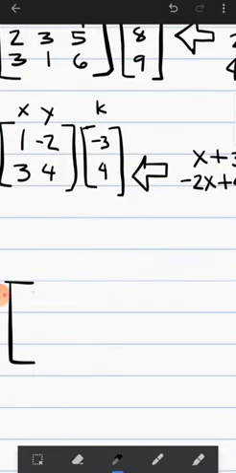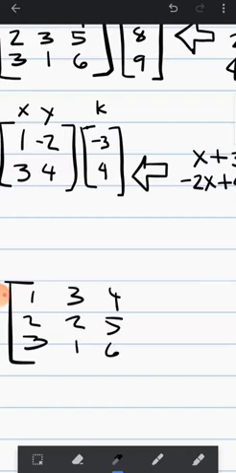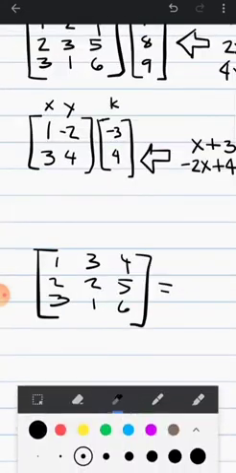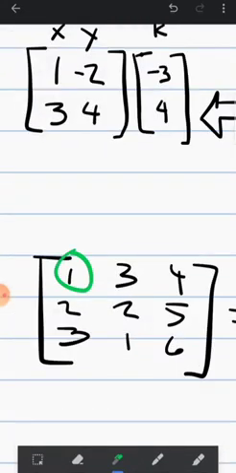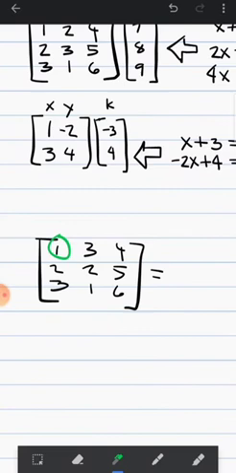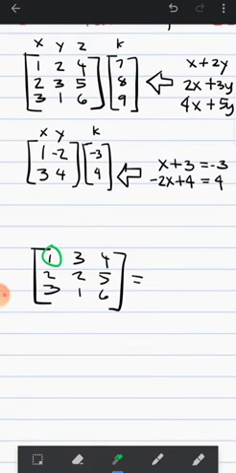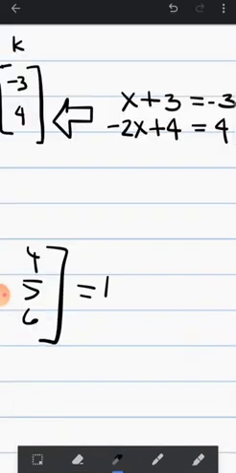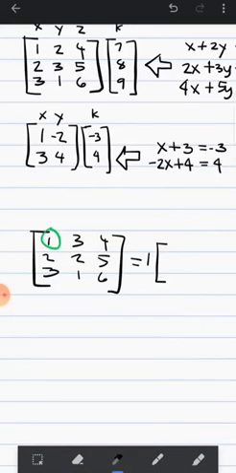Suppose we have this one: 1, 2, 3, 3, 2, 1, and 4, 5, 6. To solve this, all you have to do is first write the number on the very top, the first number you can see here, the upper left. So that's 1. And then multiply it.